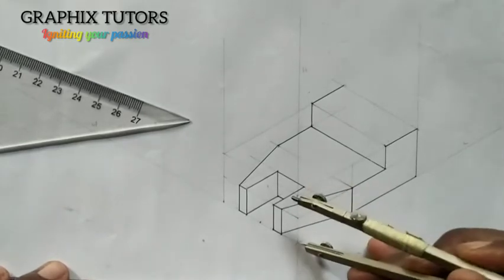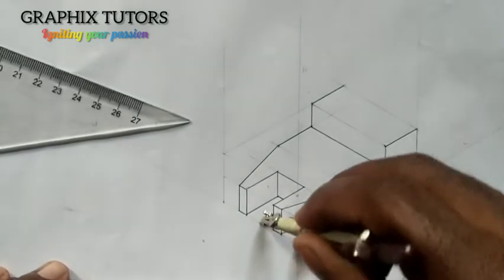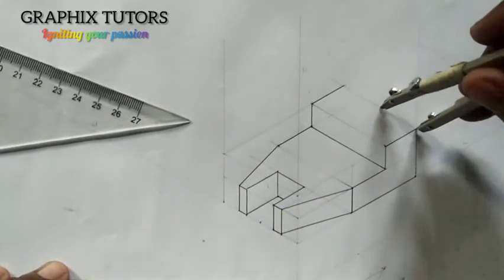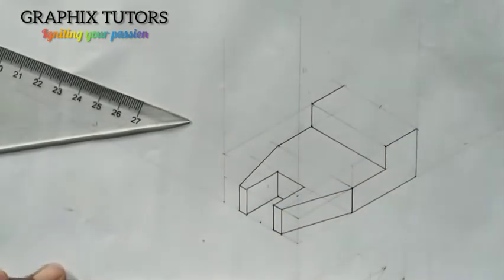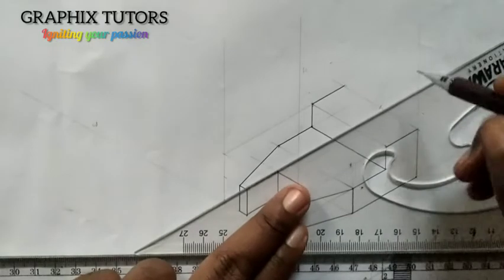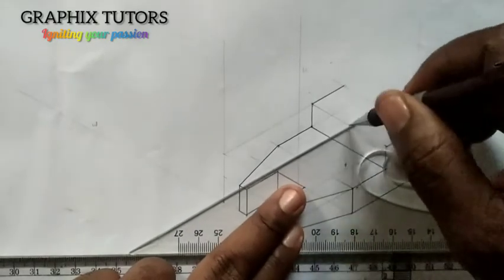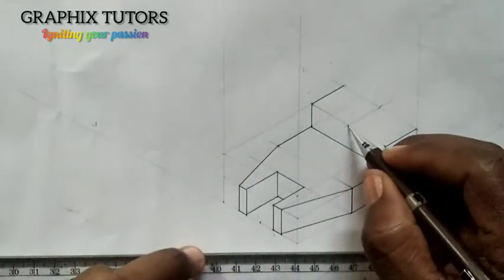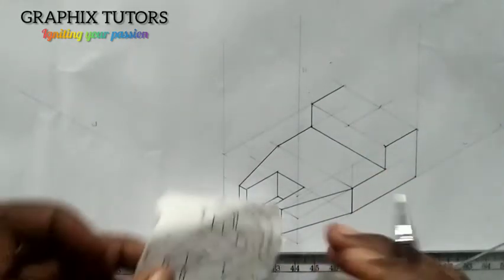From this point to this point is the center that we have. So I can just come here and mark it at this point here. So with the help of my T-square and Z-square, I'll move it to that point, and I'll just draw something like this. So I've gotten the center here.